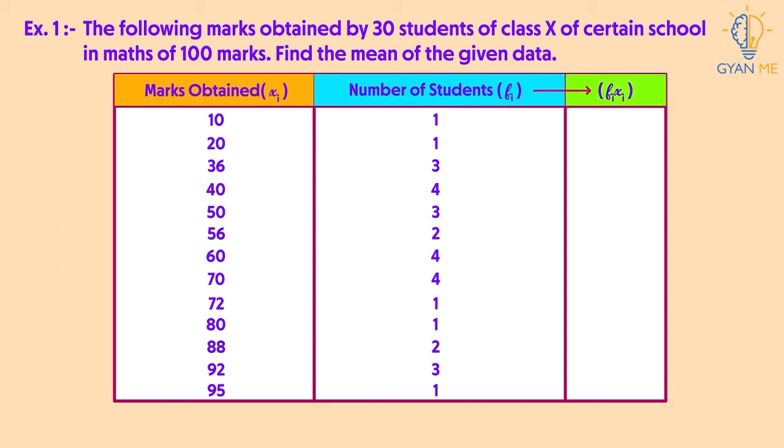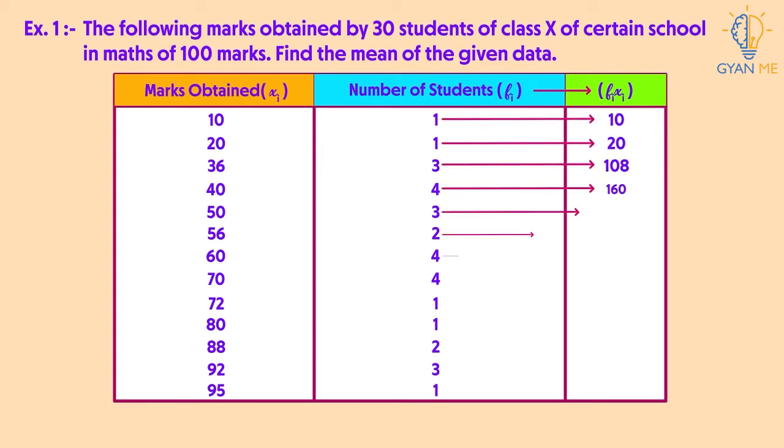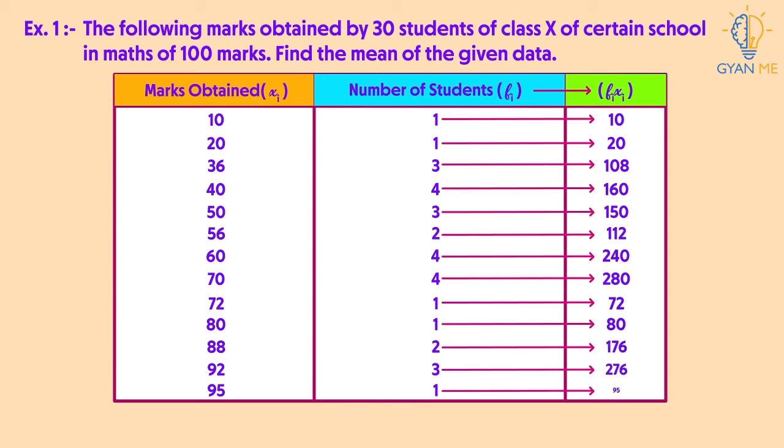Accordingly, if we calculate the product fixi from our given table, it turns out to be 10, 20, 108, 160 and so on. Now add all the fixi, that is, take its summation. The value turns out to be 1779.